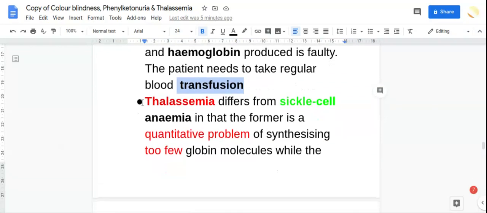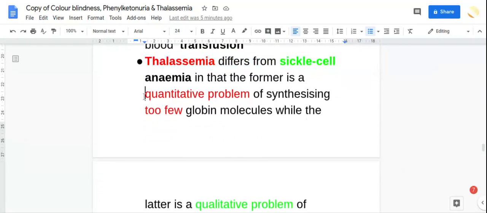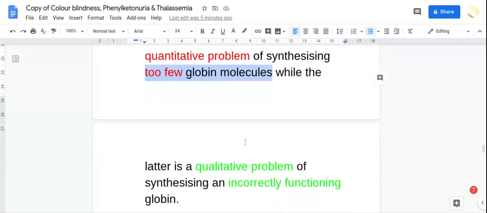Now, how does thalassemia differ from the other blood disorder that we have studied in our previous tutorials, that is sickle cell anemia? Let us see. So, both thalassemia and sickle cell anemia, I said, were forms of anemia where the red blood cells are affected. But the underlying difference is that thalassemia, as you can see marked in red here, is a quantitative problem where too few protein molecules will be synthesized because something has gone wrong with the gene.